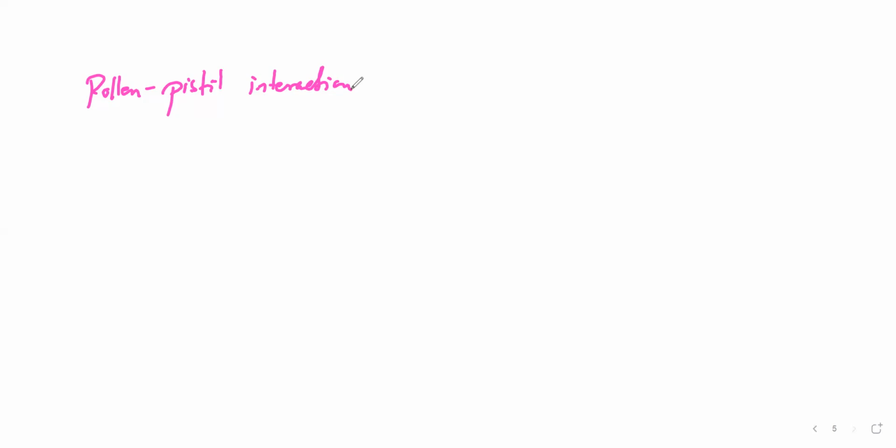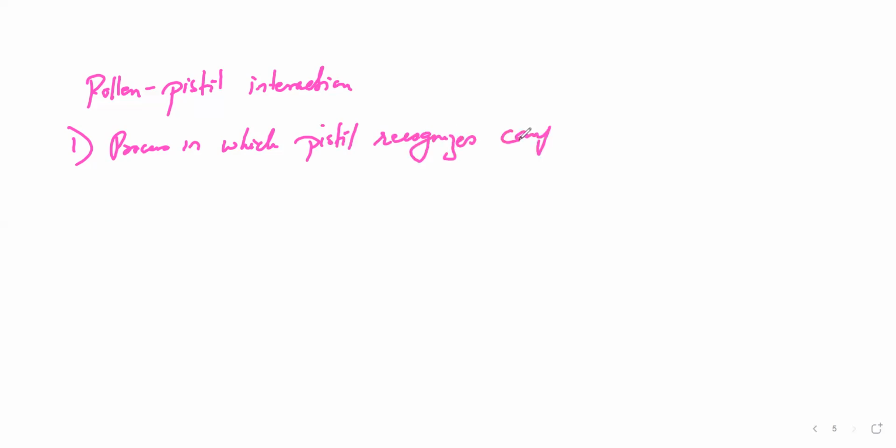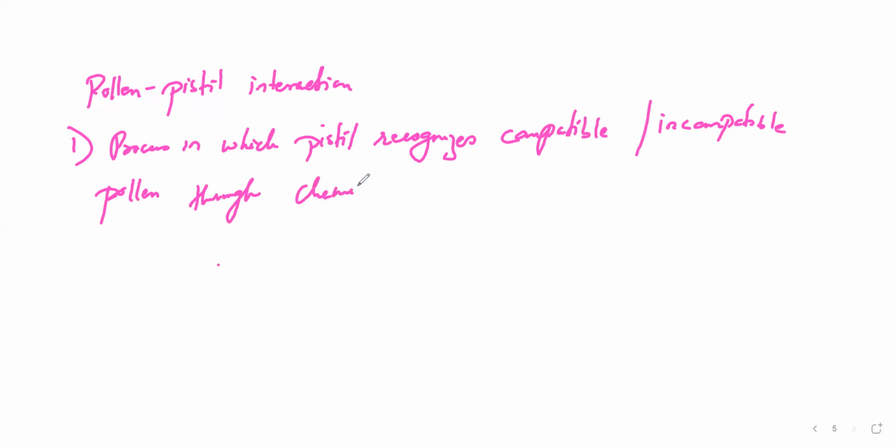So the first process over here is the process in which the pistil recognizes whether the pollen grains are compatible or incompatible through the chemical compounds produced by them.